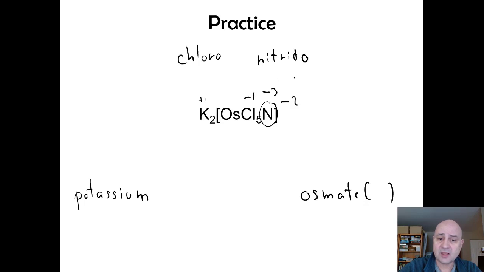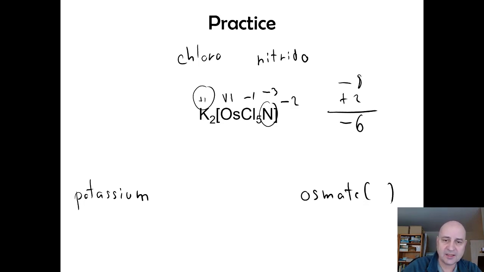So we have actually an overall -8 from these ligands here, right? We have 3 + 5, so that's -8. And then we have 2 cations, so that's +2, which leaves a -6 charge. So that must mean that osmium has a 6 charge. So we know this is osmium 6.